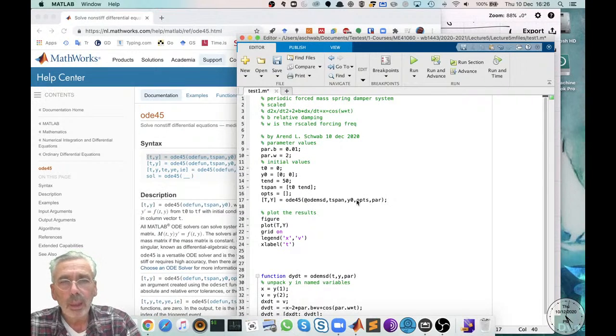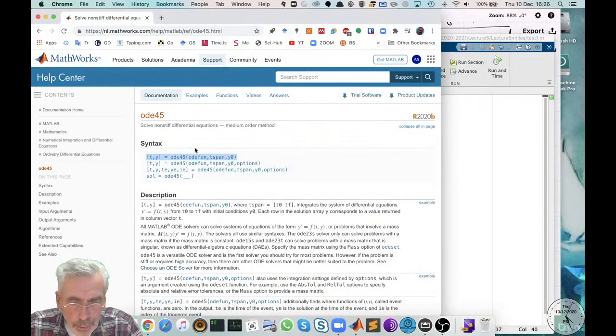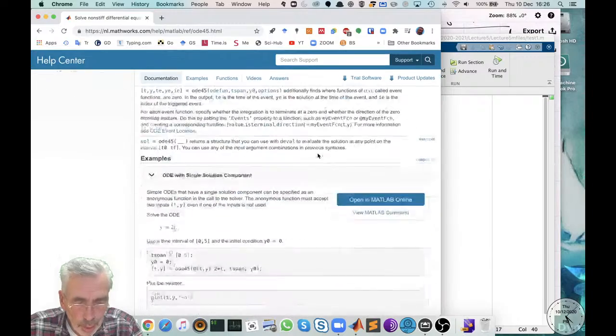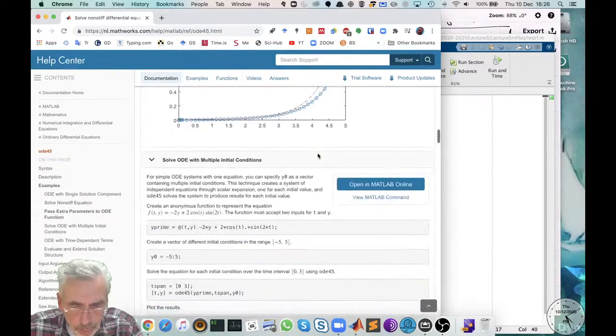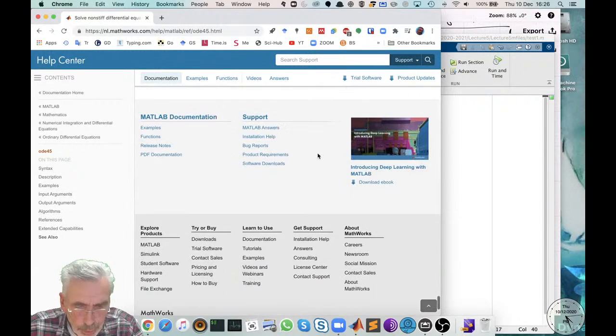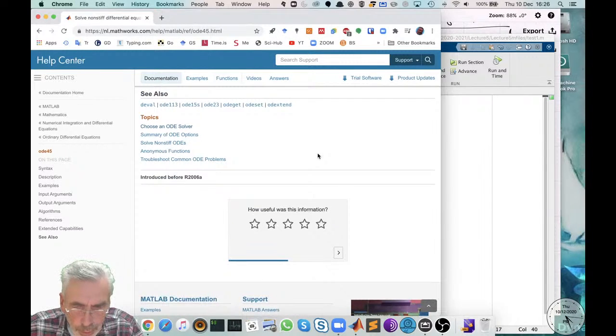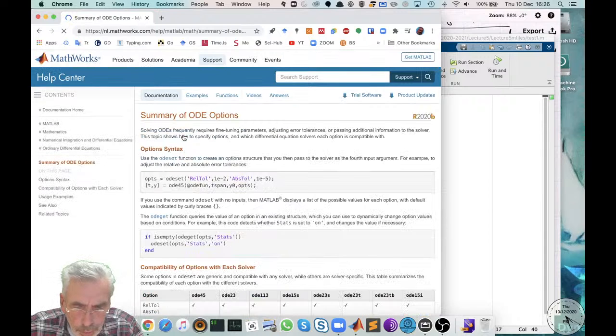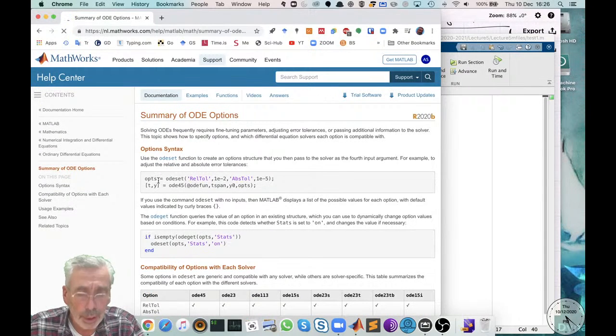Now it is not immediately clear from this part, but if you take the complete help of the ODE, it's somewhere mentioned about passing on these parameters. Summary of the ODE options. Oh yeah, these are the options which I had empty.